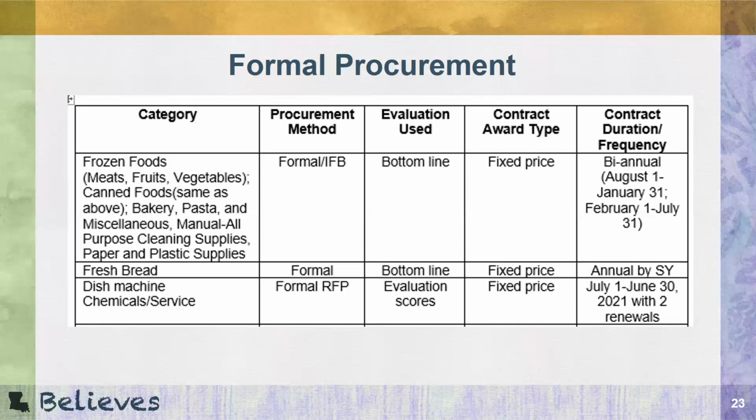So if you do a bottom line bid, then you might find nobody's responsive. But if you do an item by item bid, you may find that it's going to take several vendors to provide all the items that you need.